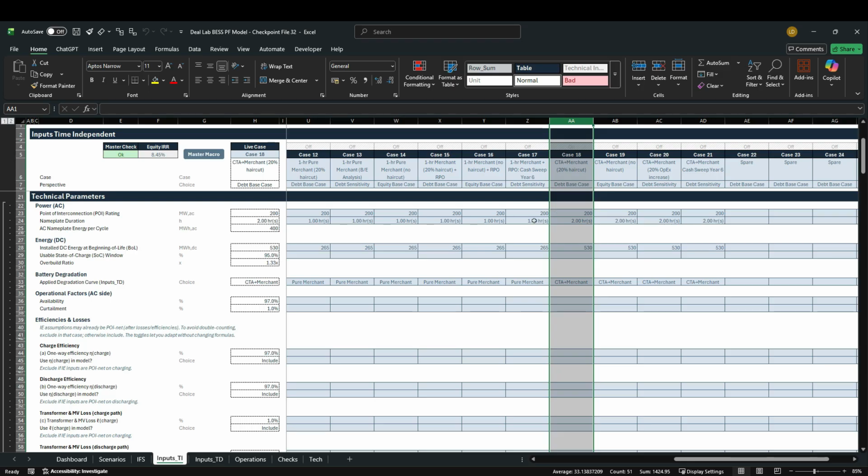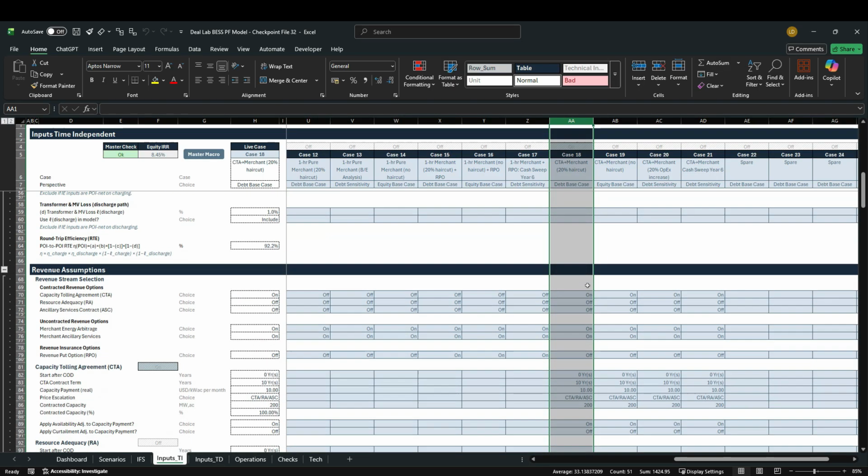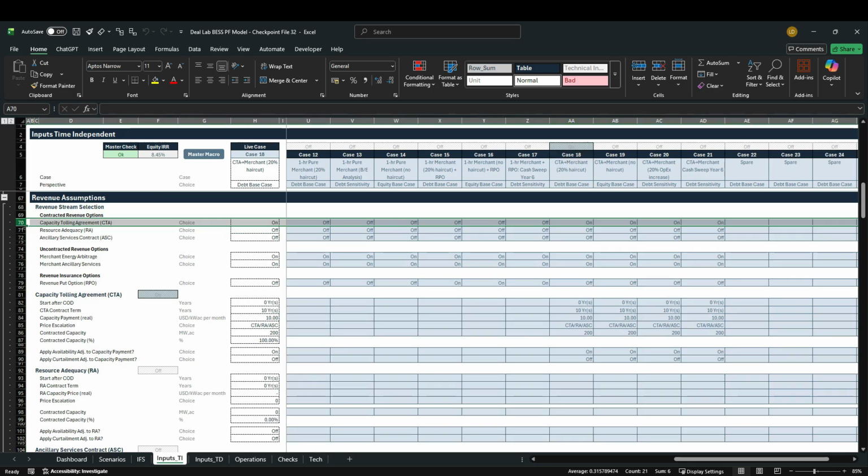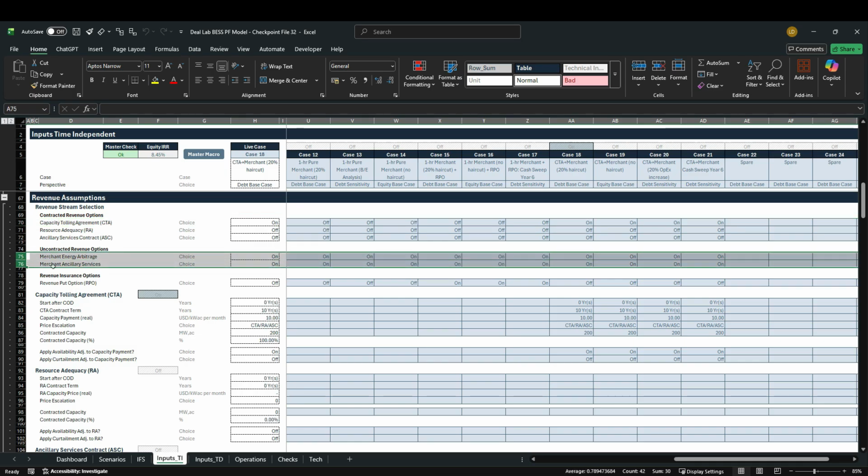previous lesson. We have installed DC energy at beginning of life of 530, and the battery degradation assumes a curve considering that we start with a 10-year tolling agreement and then transition into a merchant setup. Let's scroll down further. And from a revenue assumption standpoint, you will notice that our capacity tolling agreement is turned on, as well as our merchant energy arbitrage and auxiliary services.